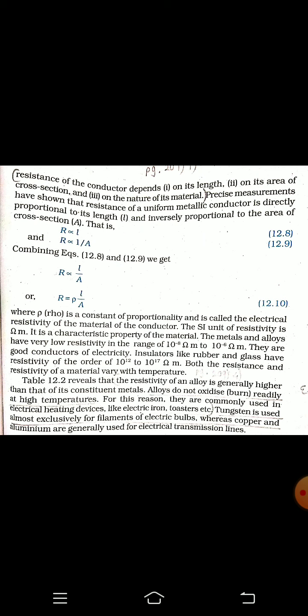We have already learned through a previous activity that they provide low resistance, so they will have less resistivity. Insulators like rubber and glass have resistivity in the order of 10 raised to 12 to 10 raised to 17 ohm into meter. Both the resistance and resistivity of a material vary with the temperature.